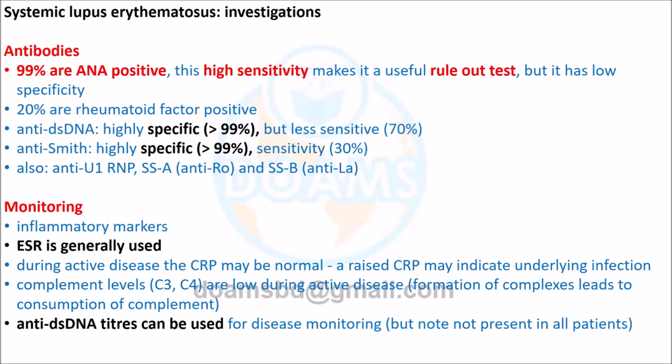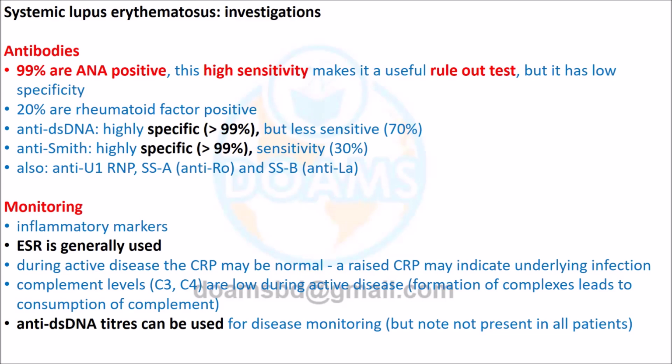Suppose in 100 positive patients of SLE, if we test these with ANA, there is a chance that 99% will be positive and 1% will not be positive. Yes, it is true. But even among these 99% positive, there are other differential diagnoses of SLE-like presentations, and in those cases also, ANA will be positive.